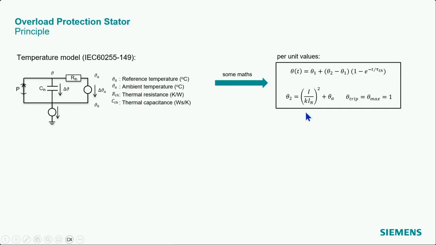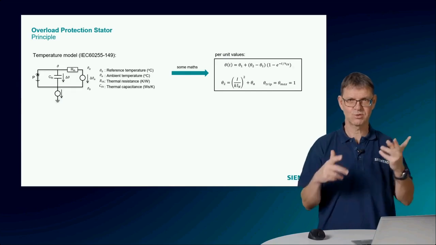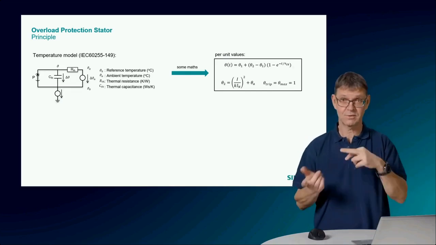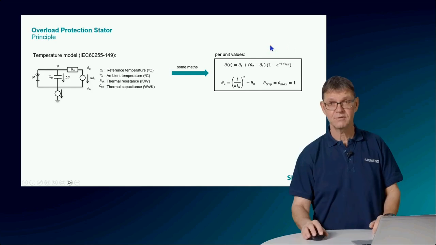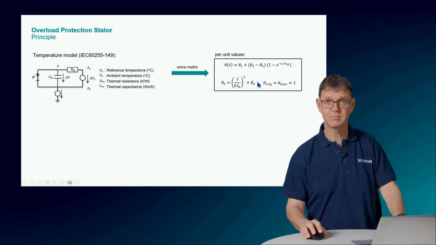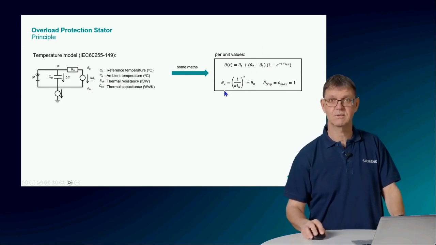So it's the actual flowing current, divided by the maximum allowed current, to the square. So this is a relatively important relation. The temperature which is calculated is proportional to the square of the current ratio. And if there is an elevated ambient temperature, it is added on top of the temperature.